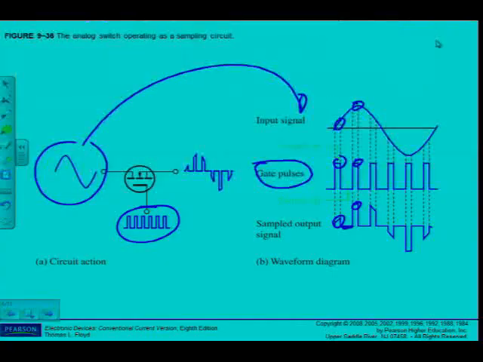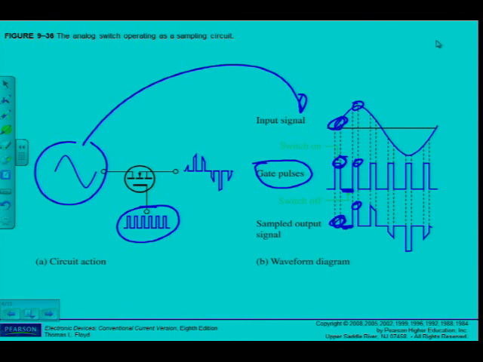That's just what I've shown you here. So I get a sample at that pulse, sample is taken at the output, but of course when the gate pulse returns to 0, I can see that I also have 0 on the output signal waveform. That's all that they are telling us there.